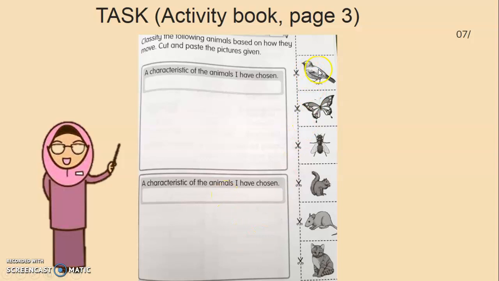And then cut the pictures and group them according to their similarities. Okay, here we classify them. We classify by separating them. Kita asingkan dua kumpulan, and then we group them into their similarities.